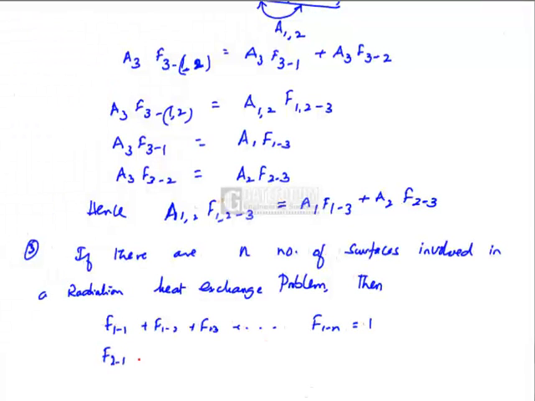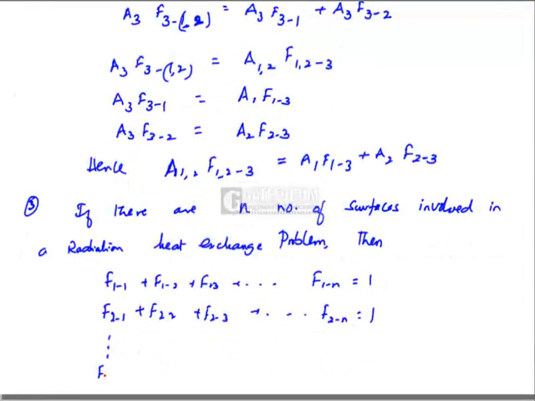Similarly, F21 plus F22 plus F23 up to F2n is equal to 1. Like that, we can write for n surfaces, Fn1 plus Fn2 up to Fnn is equal to 1.